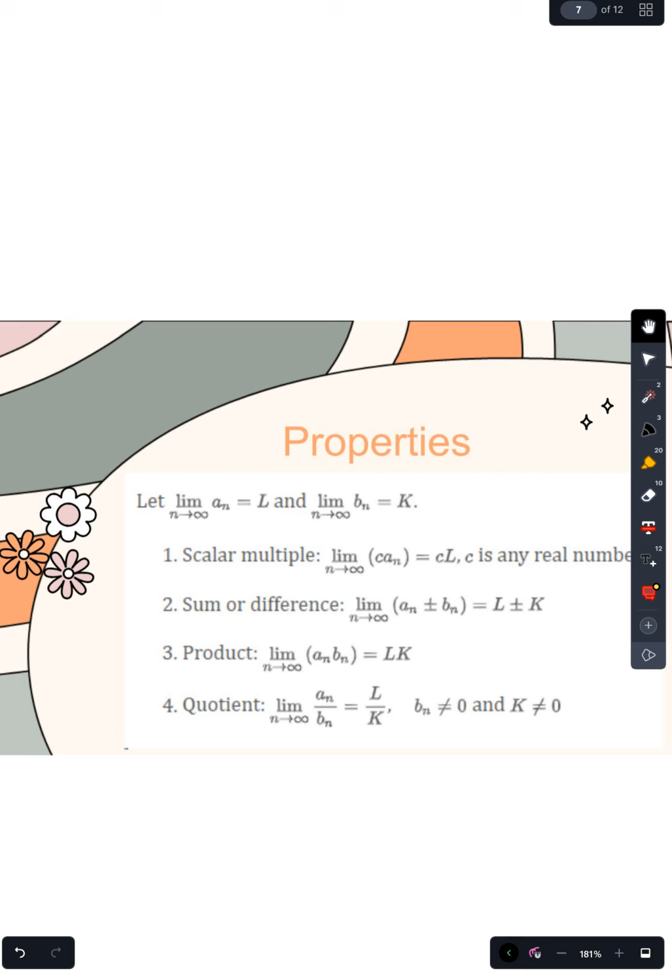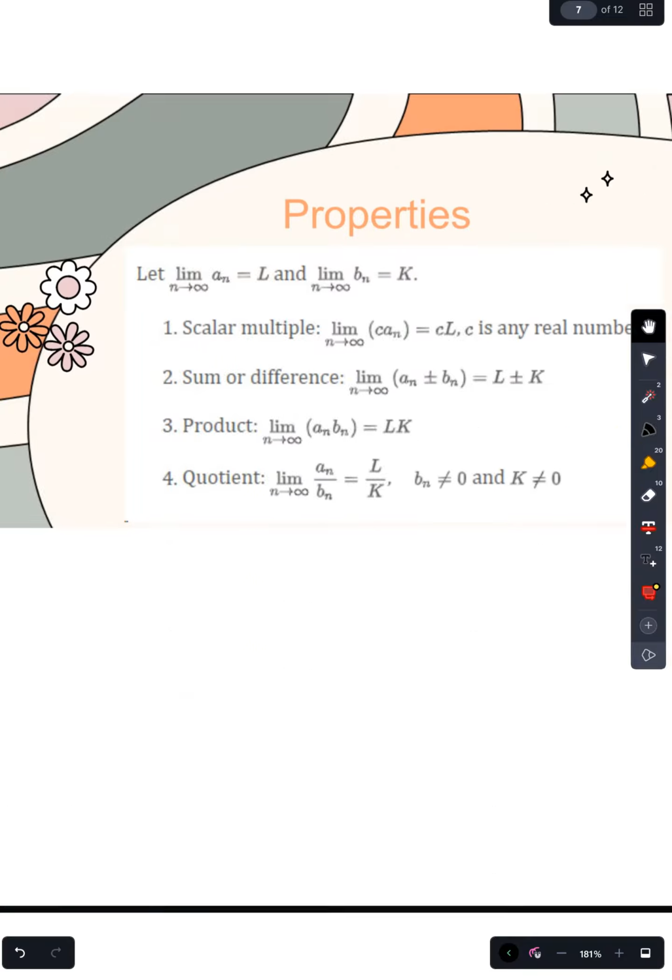If I'm taking the limit of two separate sequences, I can break those apart, and then we can also just add together those limits. Same goes for multiplication and division. The only thing about division is, again, just like normal, the thing on the bottom can't approach 0. And as we do some of these, it's sometimes helpful to either break them apart or look at them separately, just like we've done with our other limits and derivatives.